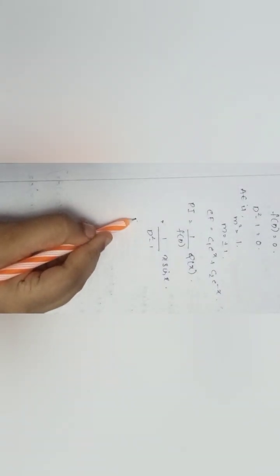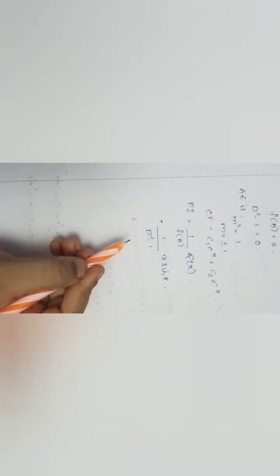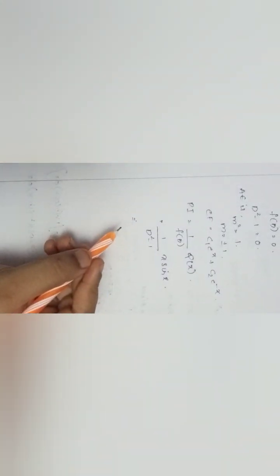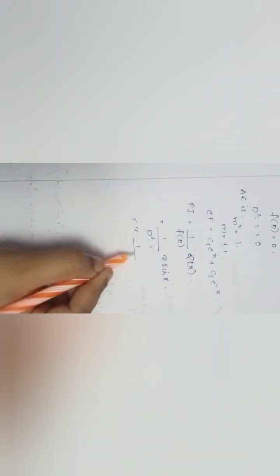So we will write opening the bracket. Okay. So that is, on substituting, it would be x into 1 by d square minus 1 into sin x minus 2d by d square minus 1 the whole square sin x.